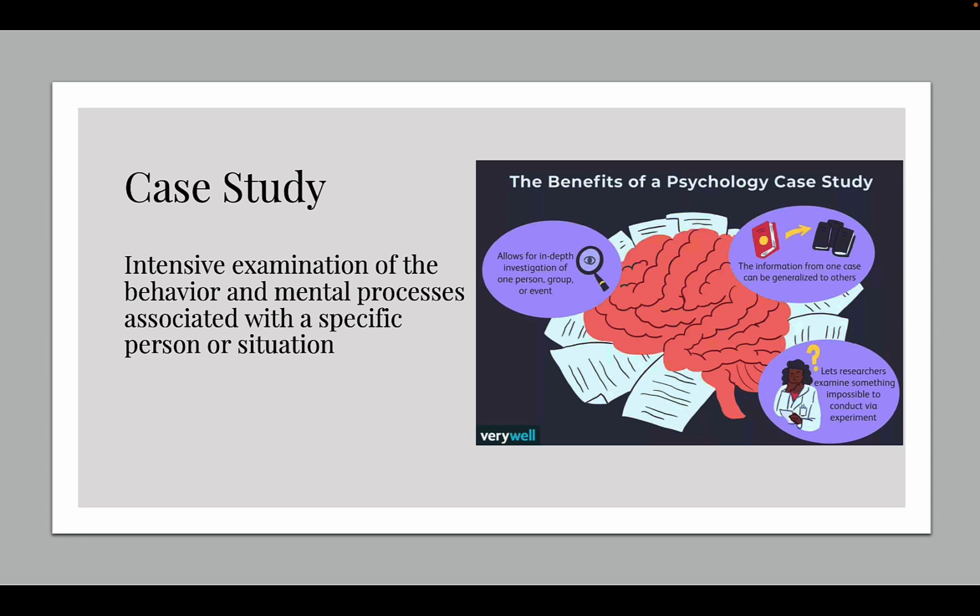When something is stumbled upon with a case study and you can't get the information any other way, you can apply the generalized information to other research studies or to the general population. It also lets researchers examine something that would be impossible to conduct via experiment, right?